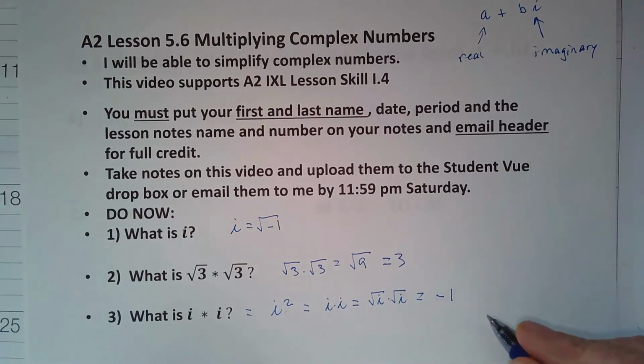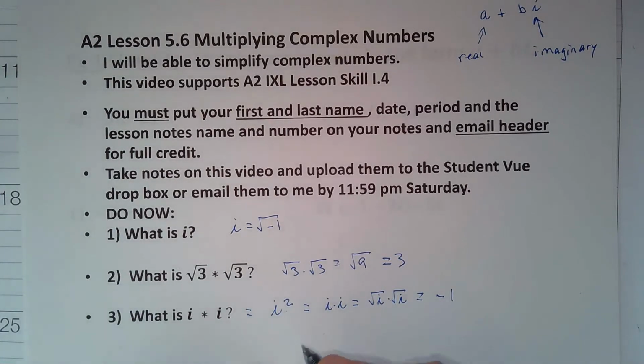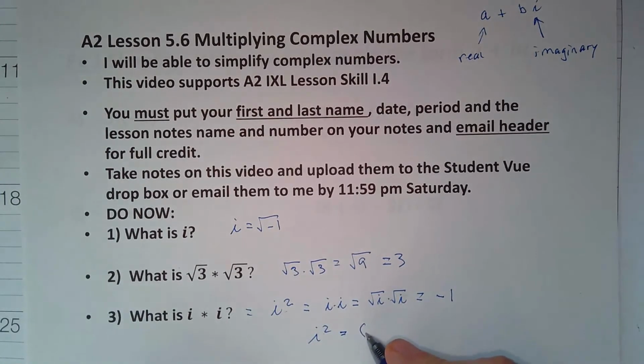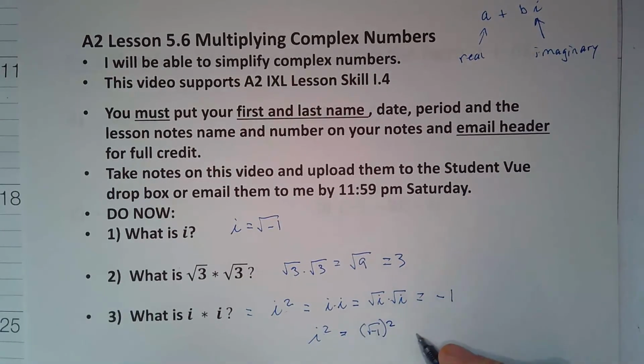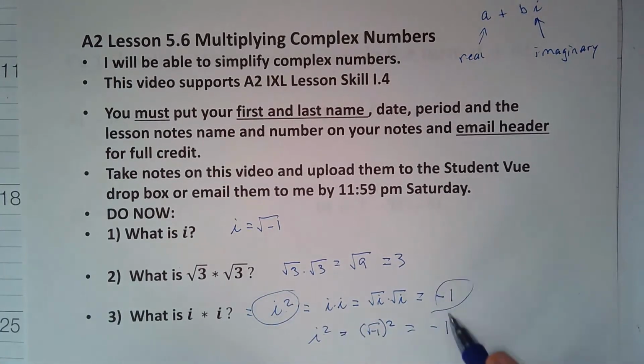All right. So, again, what is i squared? i squared equals the square root of negative 1 all squared, and that equals negative 1. So what we come down to is i squared is actually negative 1.